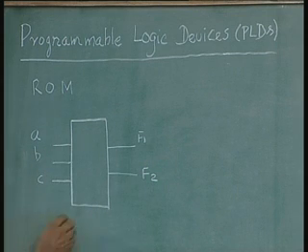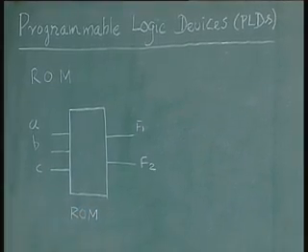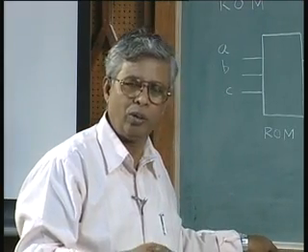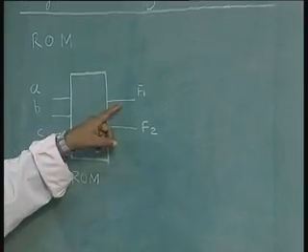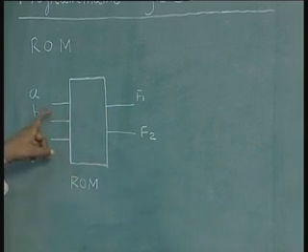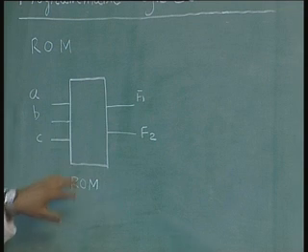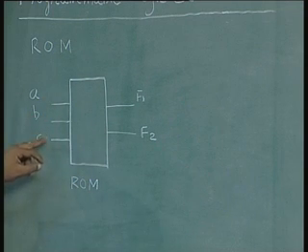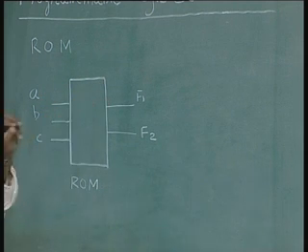So, this is a ROM. ROM is nothing but a hardwired truth table, or hardware truth table as you will, and the combinations of the input for which F1 is 0 and for which F1 is 1 will be stored in this ROM, and whenever a particular combination of ABC occurs, the corresponding output 1 or 0 will come out of F1, similarly for F2.